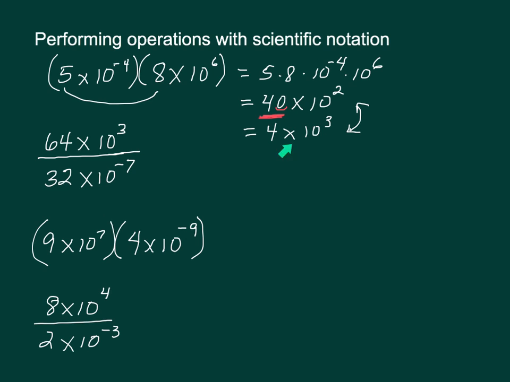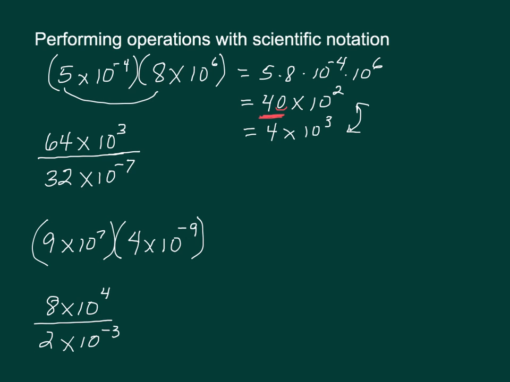So 4 times 10 to the 3rd is 4,000, and 40 times 10 to the 2nd is 4,000. So they're equal to each other. It's just that the last one I wrote is in standard scientific notation. So be careful when you are working these problems that you're actually putting it in scientific notation. Okay? It has to be a number between 1 and 10.